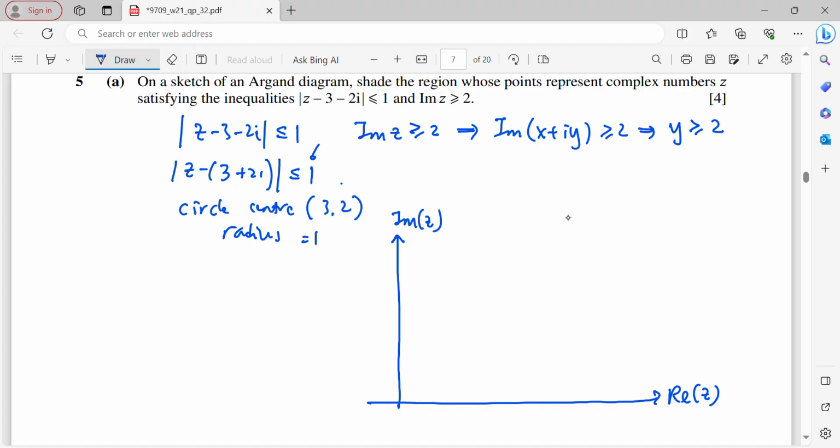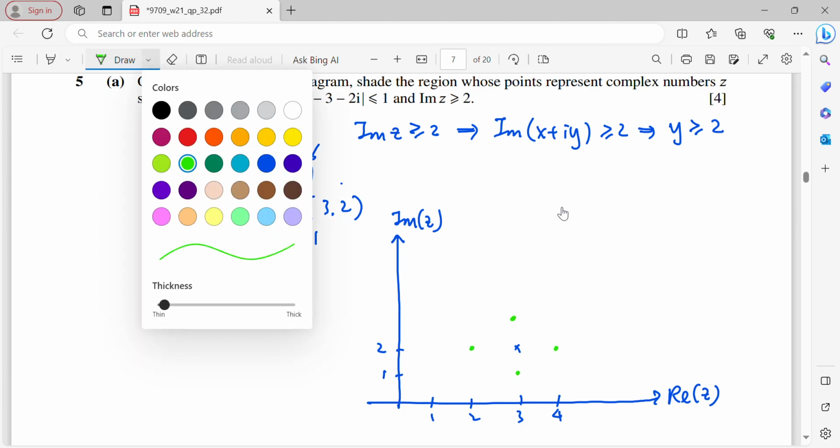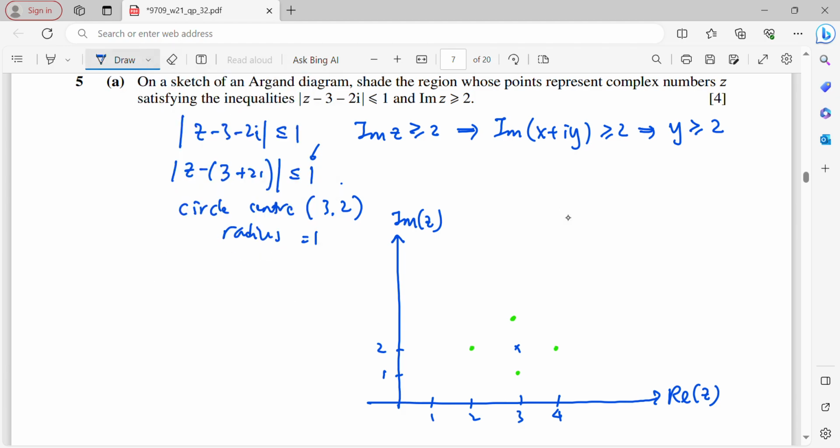3, 2. Let's say here 1, 2, 3, 1, 2. Okay, so 3, 2 is here. Radius is 1, so it will be touching at 4. Go up 1, go down 1, then go to the left side 1. That means here is 3.